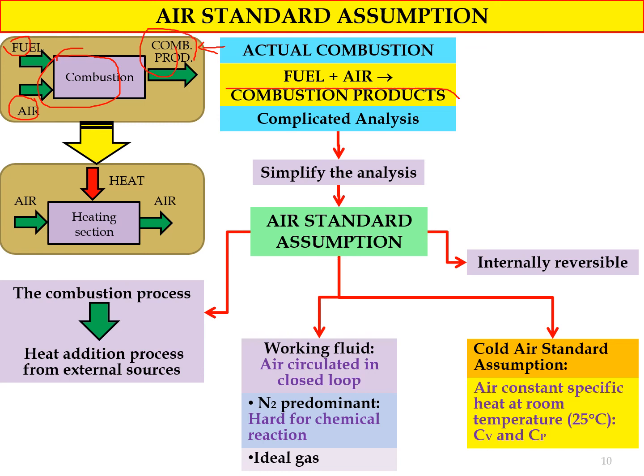This analysis is complicated, so we simplify it using the air standard assumption. We assume that just air, with no fuel intake, goes to the heating section, and heat is added from the outside. The output is air again, and it goes circulating back into the intake. This is the air standard assumption.